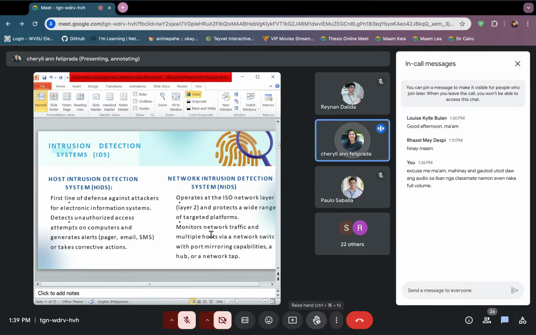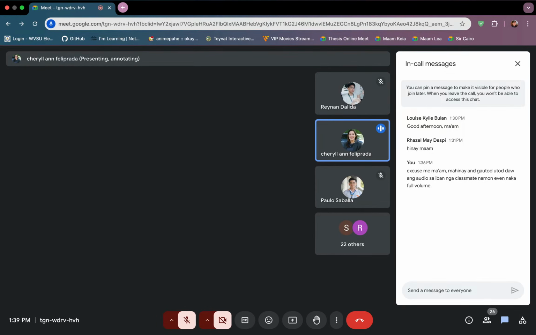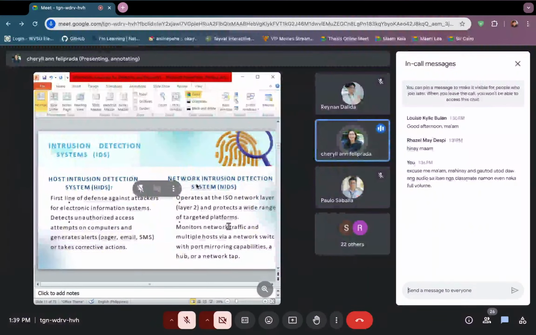Now, please take note of the difference of the HIDS and the NIDS. The HIDS only functions as the host. Sa host lang siya concerned. But with the network, of course, it covers the whole network.